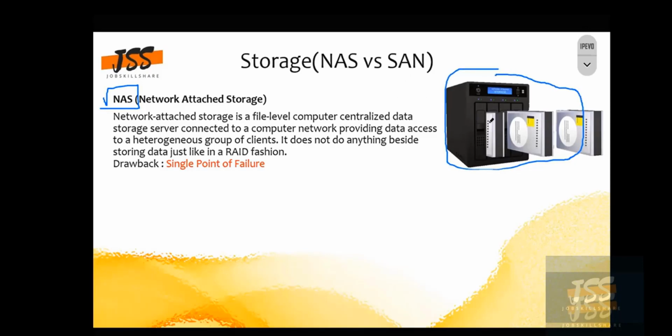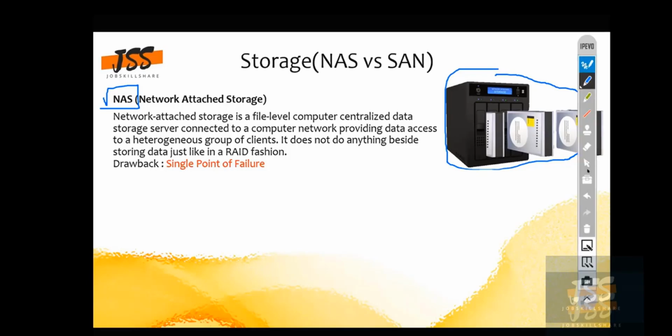You want to store information like movies or whatever data you have not on your laptop but on another device so everybody can access it. This is where we use NAS, which is network attached storage.